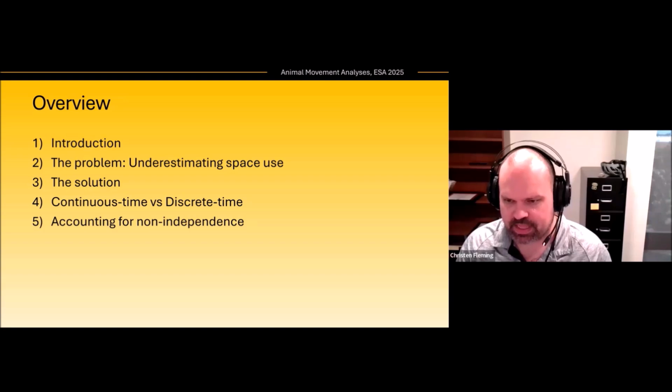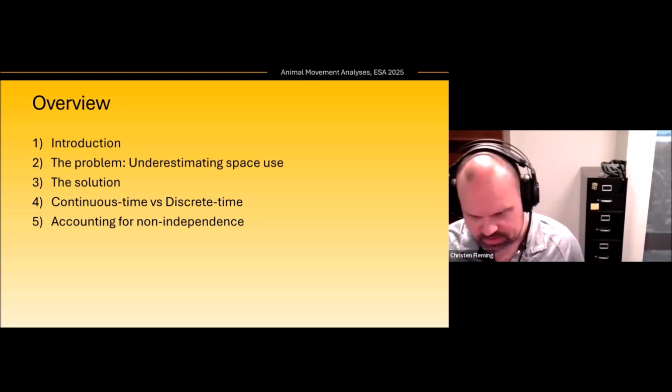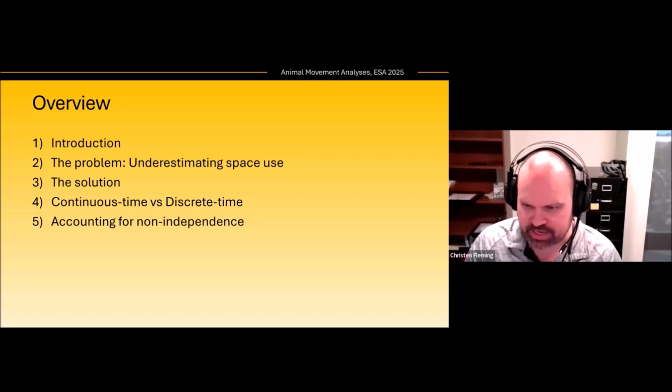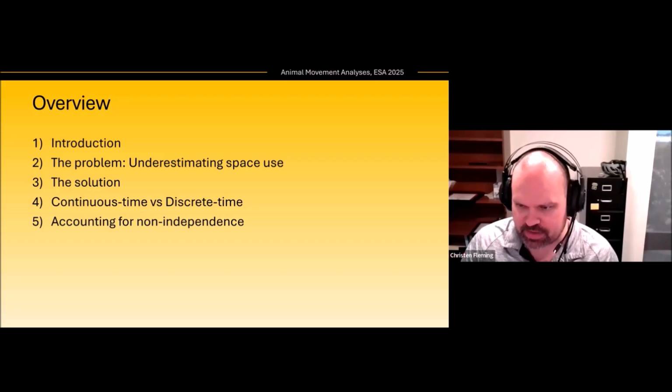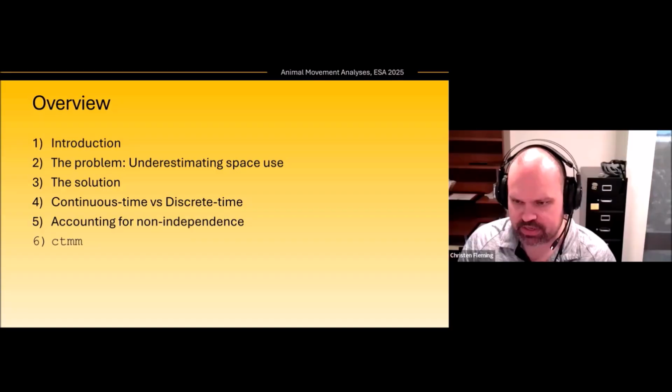And it involves dealing with the non-independence of tracking data, the fact that these are time series data. When you track an animal's locations in time, you have time series data. And then we'll get into the actual package and how you use the package.